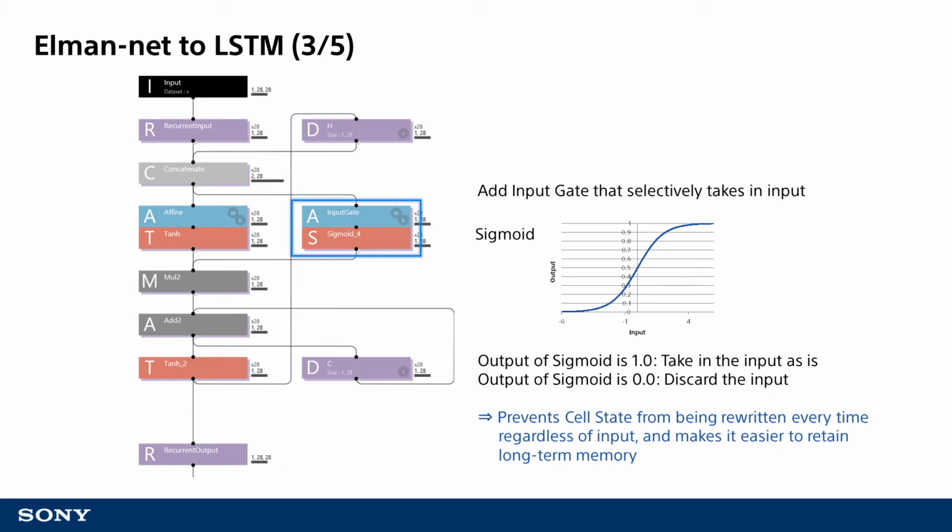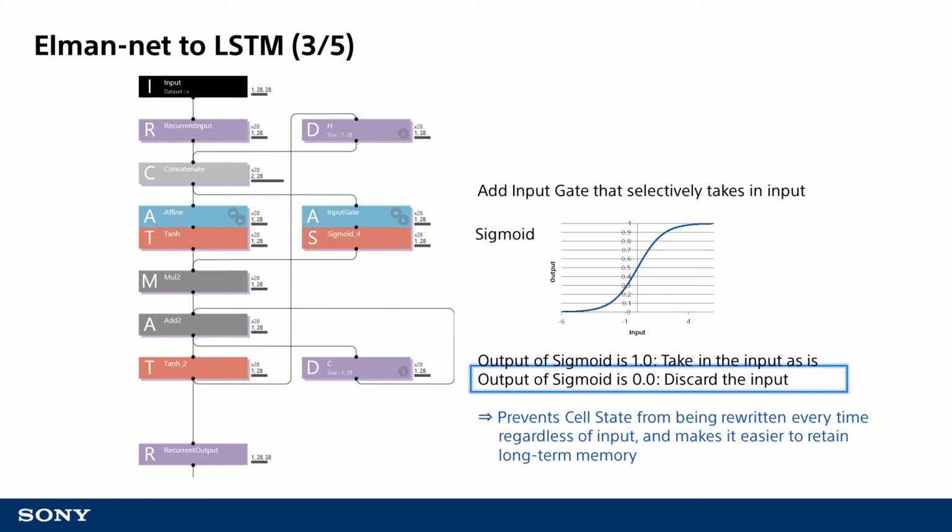Then the value of each neuron 0.0 to 1.0 is multiplied by the result of affine and tanh using Mul2, which is processed as the Hadamard product for each element. We can understand that the 0.0 to 1.0 values output in affine and sigmoid represent gate, which opens or closes the gate to enter the data.